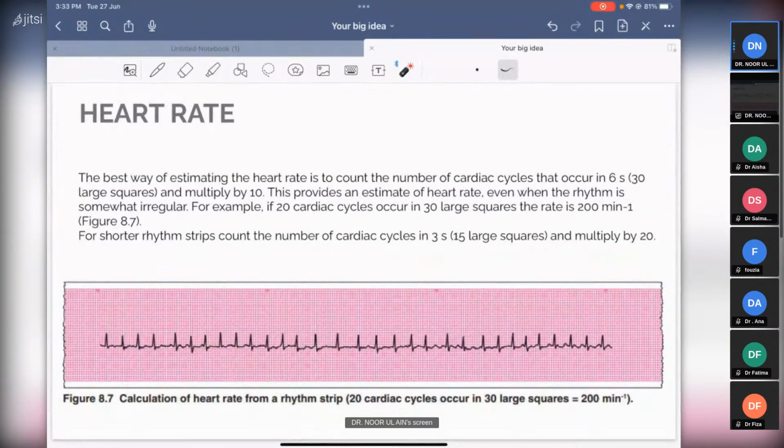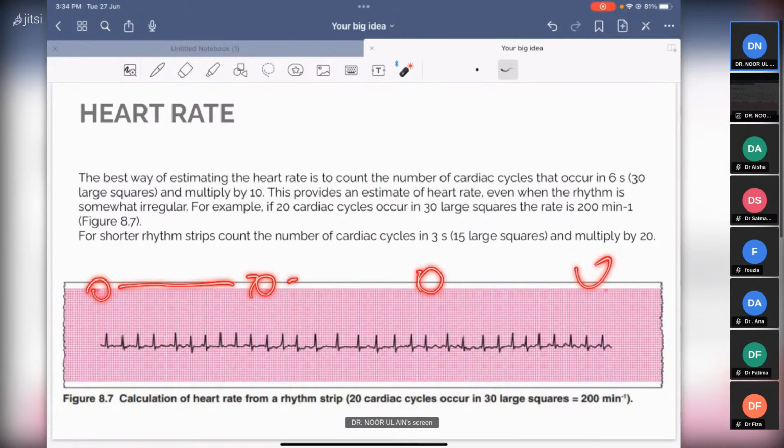Okay? I'll give you one trick here. Do you guys see this arrow? Can you see this arrow at the top? This will always come. Okay? This arrow occurs after every 10 large squares. Understood? The arrow at the top occurs after every 10 large squares.